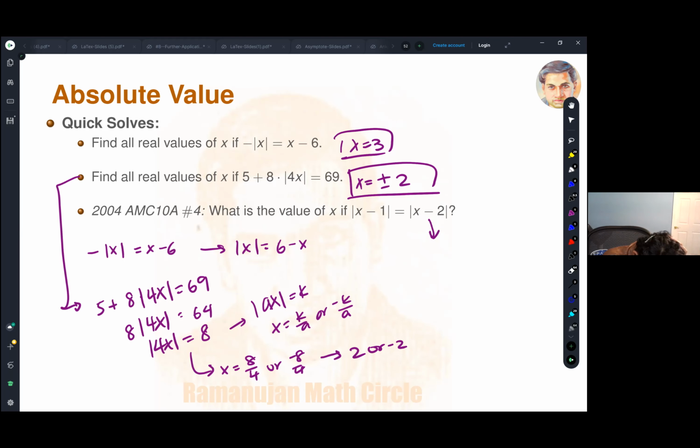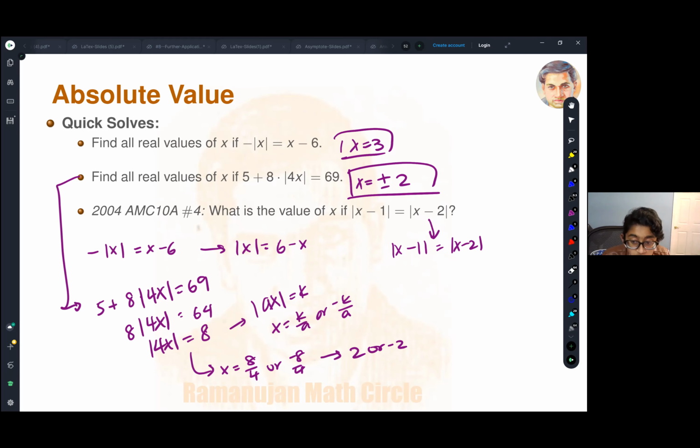What is the value of x if absolute value of x minus 1 is equal to absolute value of x minus 2? So for this one, I think solving it out with all the ranges is just a pain. We're going to go down to the basics, the understanding of absolute value. And what it is, it's just a distance from the origin, right?